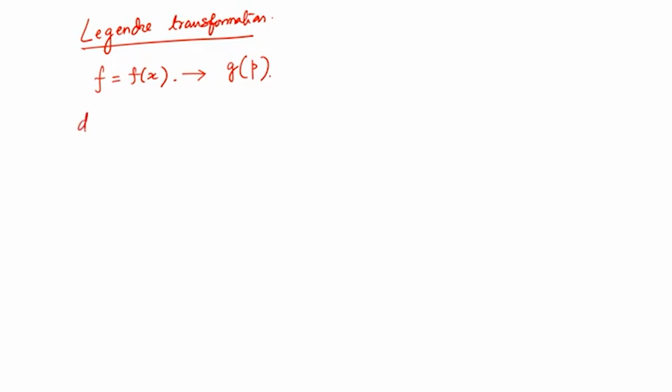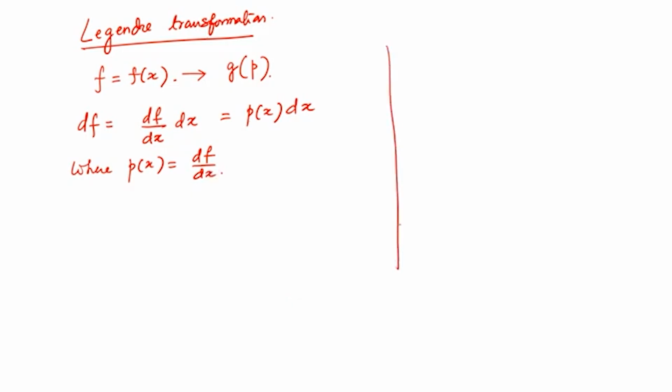So, we have df equal to df/dx times dx. We write it this way because it is just one variable. So, this is equal to p of x times dx, where of course p of x is the derivative of the function. Now, consider this graphically.